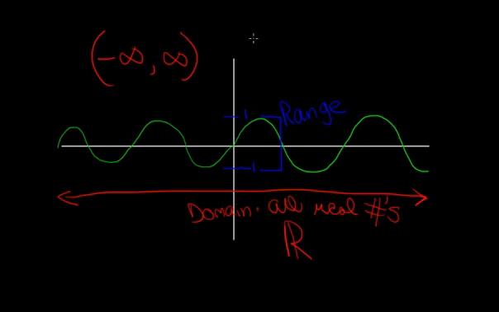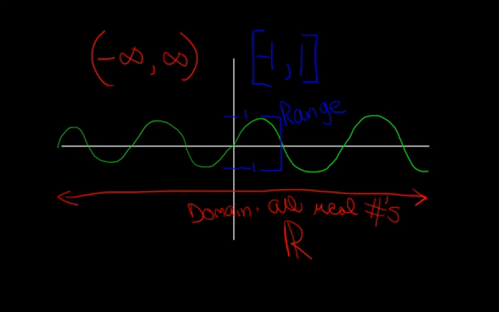And the range, it hits 1, so we need a closed bracket, is from -1 to 1. So that's how you'd write the domain and range in interval notation for the graph of f of x equals sine x.